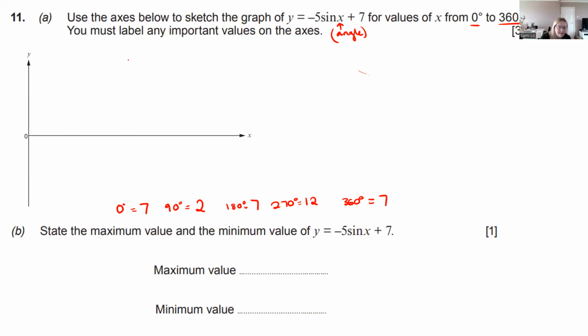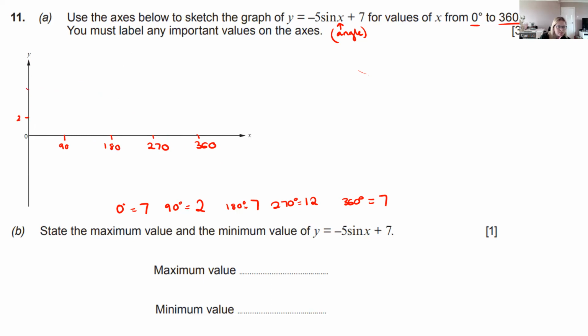Now, because it's a sketch, it's not asking us to do it perfectly. However, I do mark out my key points. So 90, 180, 270, and 360. 270 was my highest point, so that was my 12 mark. 90 was my lowest point, which was about 2.